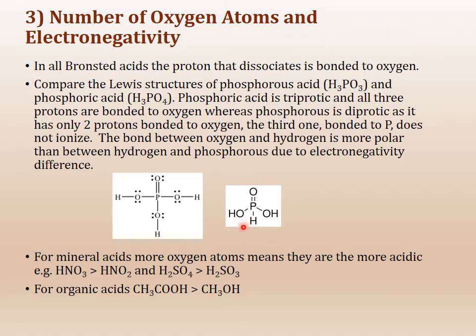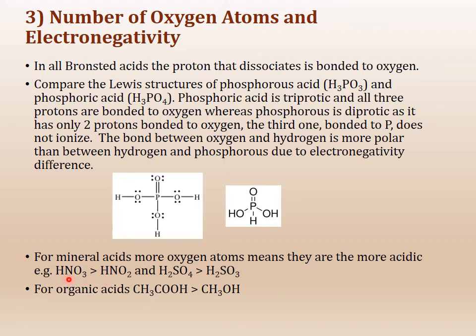The third hydrogen is actually bonded to phosphorus, which is not such a polar bond. This bond between hydrogen and oxygen is more polar. So therefore, this phosphorus acid becomes a diprotic acid and not a triprotic acid. This is the same reason why nitric acid is stronger than nitrous acid and sulfuric acid is stronger than sulfurous acid.